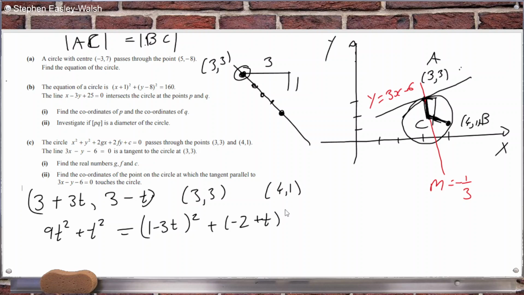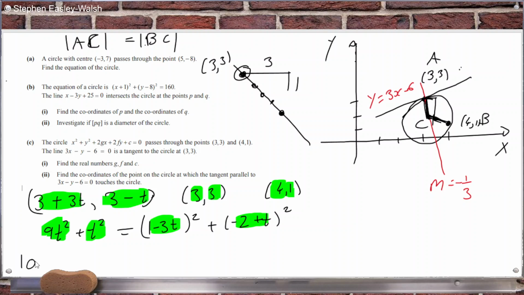Now I could easily have made a mistake there, so let's just double check that. 3 minus that leaves you with minus 3t squared is 9t squared. 3 minus that leaves you with t, which is squared. 4 minus that leaves you with 1 minus 3t, and 1 minus that, 1 minus 3 is minus 2 plus t. Yeah, squared. Okay, this doesn't look too bad to solve.